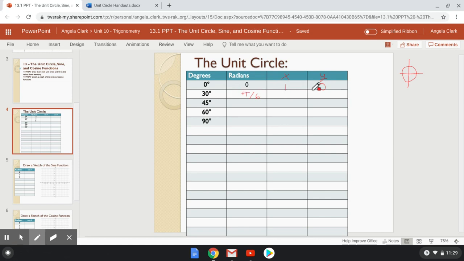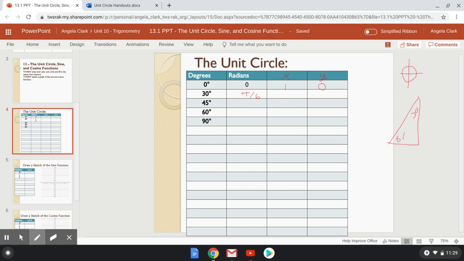And then I'm going to draw the triangle to find the cosine and sine. So again, this is going to be a 30, 60, 90 triangle. So here's our 30. I'm going to make it bigger so it's not completely sloppy. So this is our 30-degree angle.